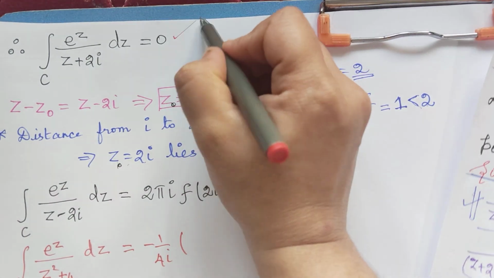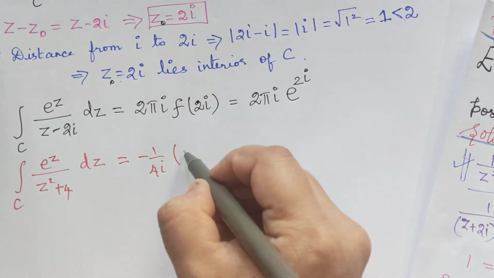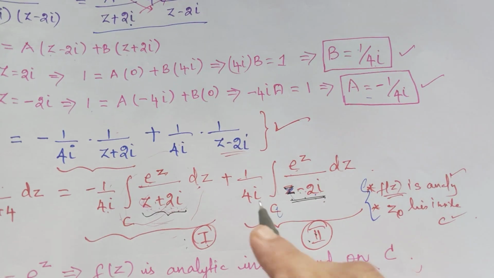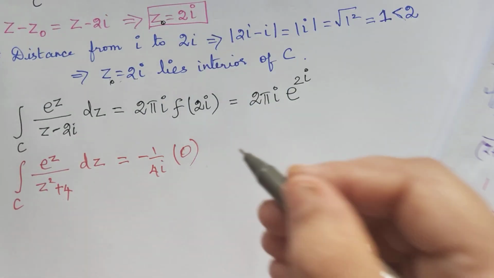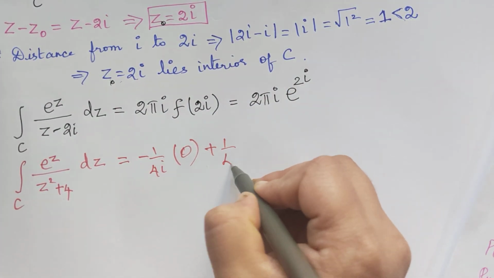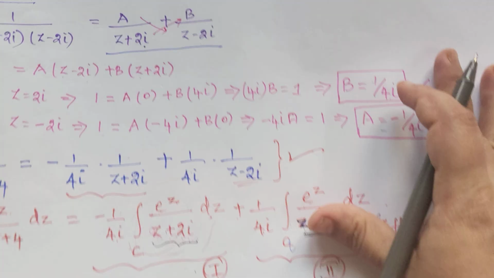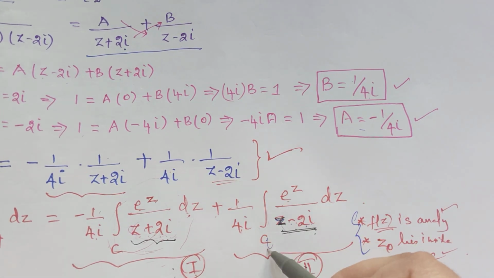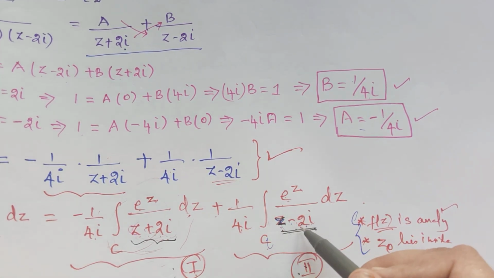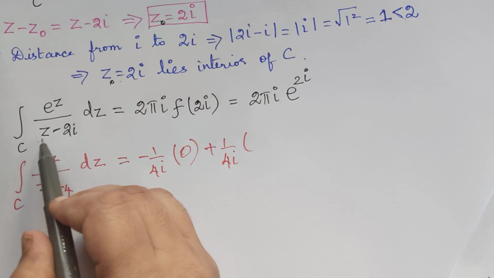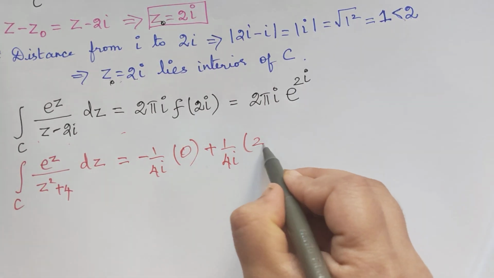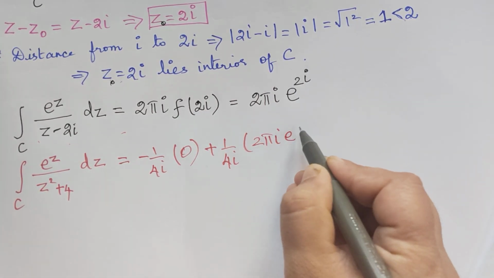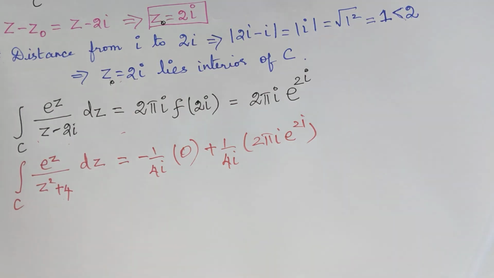Here we have got it to be 0, so when we put it, it is 0. And then plus 1 by 4i multiplied with the second integral, that is the integral over C of e power z by z minus 2i dz. We have evaluated it here. It is 2 pi i e to the power 2i.